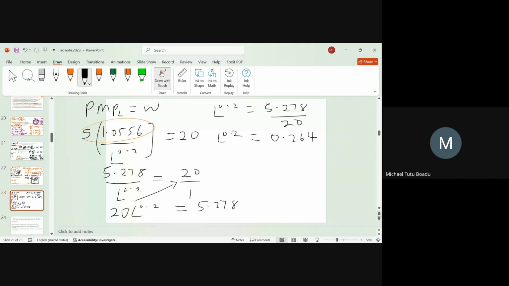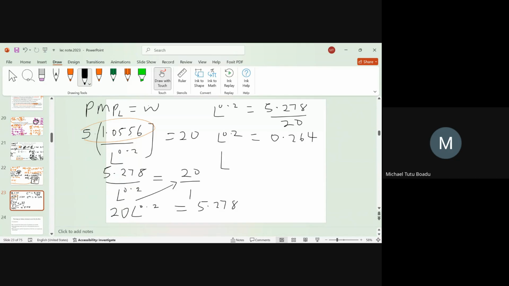So you can multiply the exponent of L by 1 over 0.2.